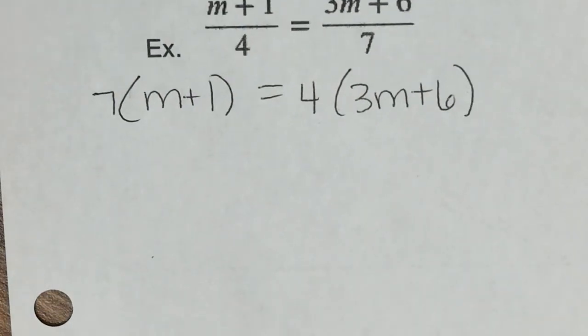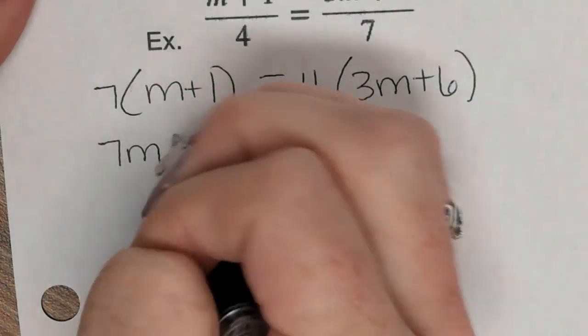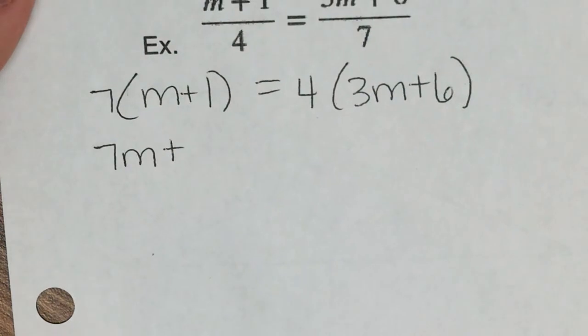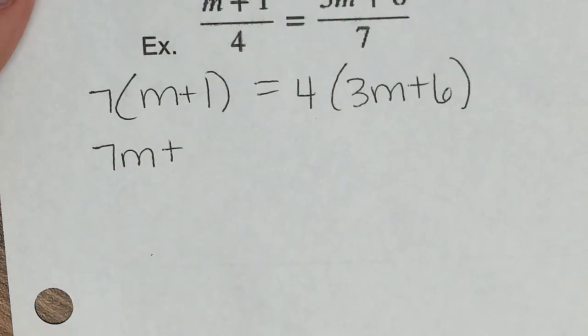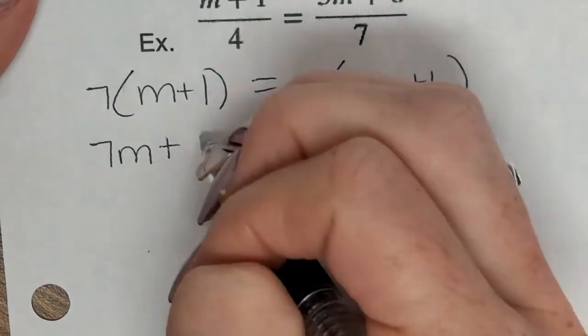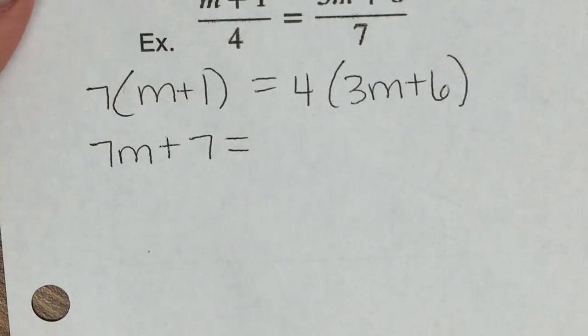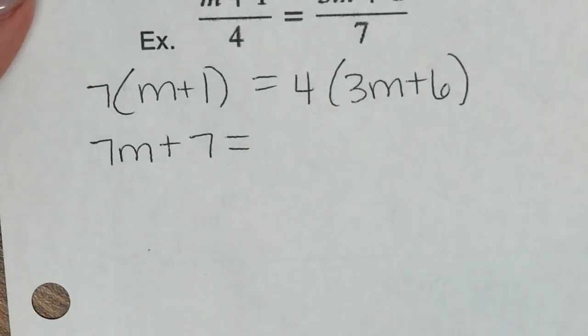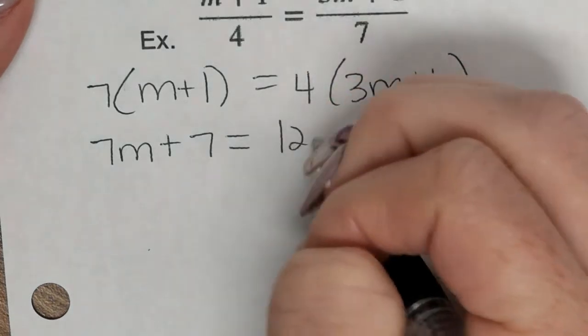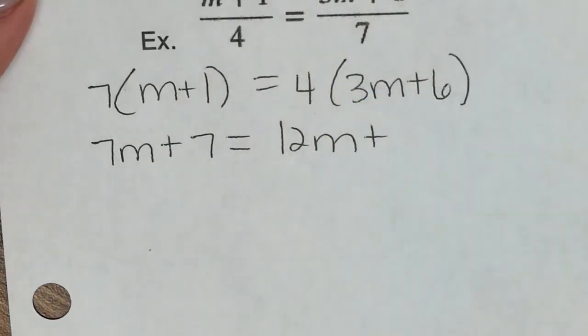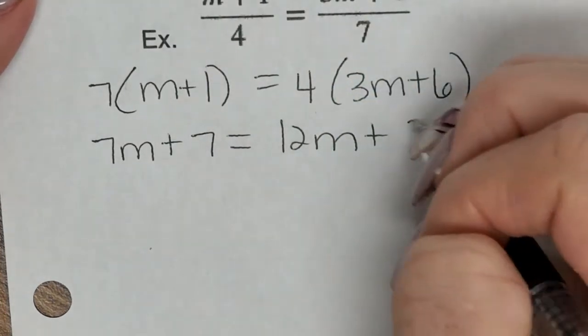Again, please make sure when you're distributing that you distribute to the entire parentheses. So 7m plus, is it just 7m plus 1? 7m plus 7. You have to multiply the 7 times everything in parentheses. Okay, 4 times 3m is 12m plus, and 4 times 6 is 24.